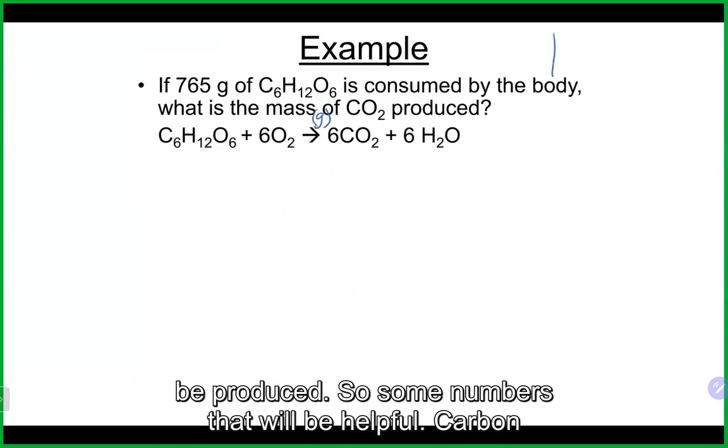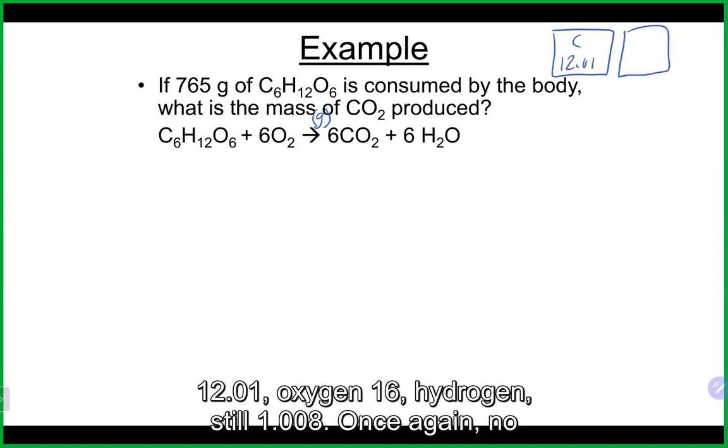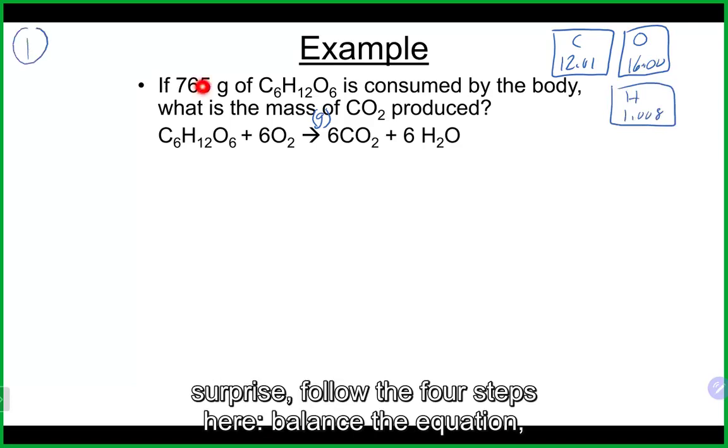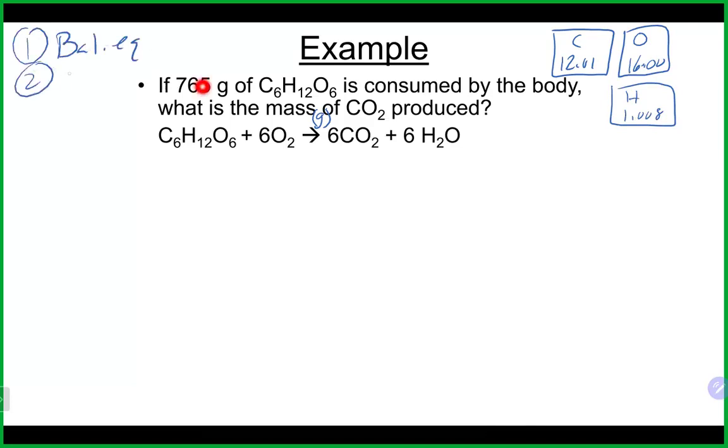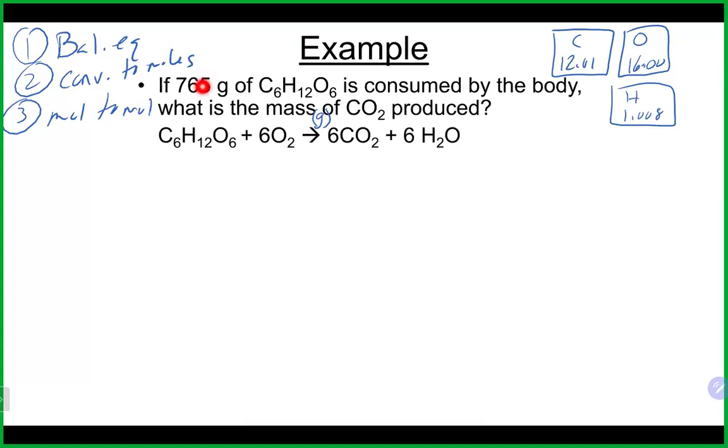Some numbers that will be helpful: carbon 12.01, oxygen 16, hydrogen still 1.008. Once again, no surprise, follow the 4 steps here. Balance the equation, convert to moles, do your mole to mole relationship.